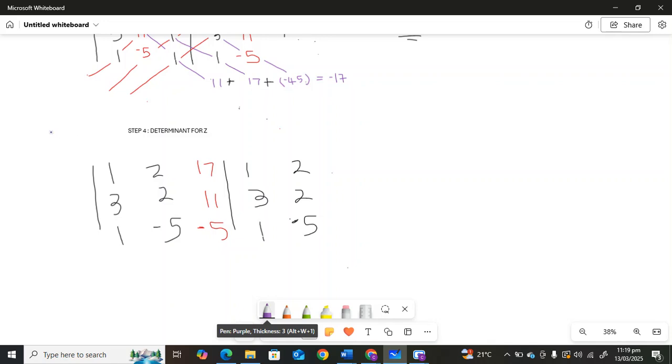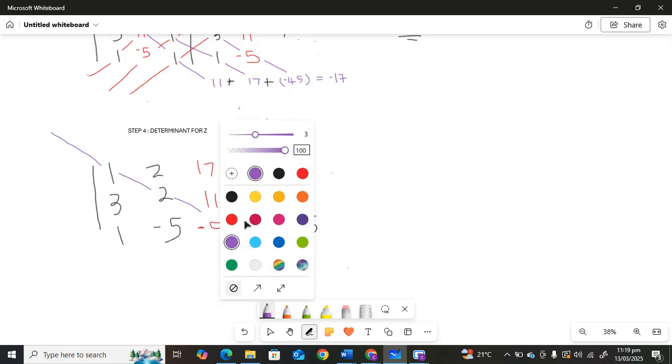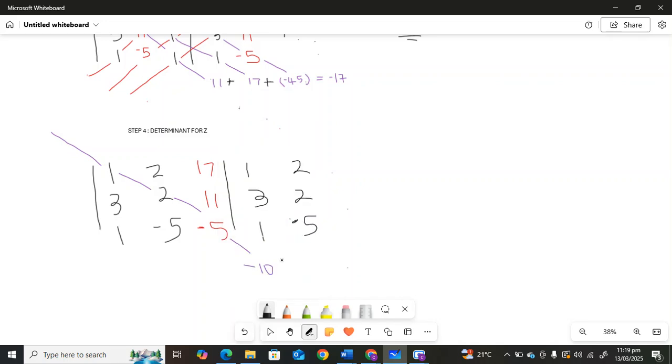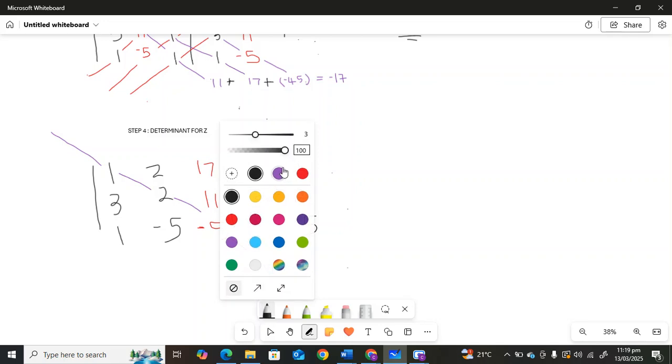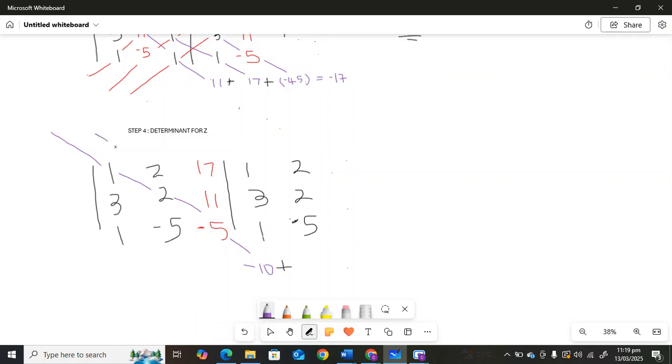So we get our diagonals. 1 times 2 times -5, -10, plus 2 times 11 times 1, 22. 17 times 3, 61.